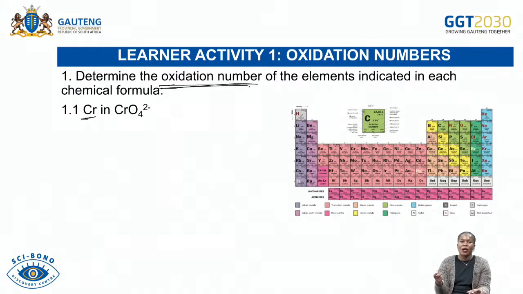What do we do? Because with the polyatomic ion, we said the oxidation number of that polyatomic ion is going to be equal to its charge. Now, in this case, CrO4 2- is going to be equal to -2 because of its charge of 2-. All right, and then our unknown is Cr, so we place it back the way it is. So this is Cr, our unknown in this case, plus O4.